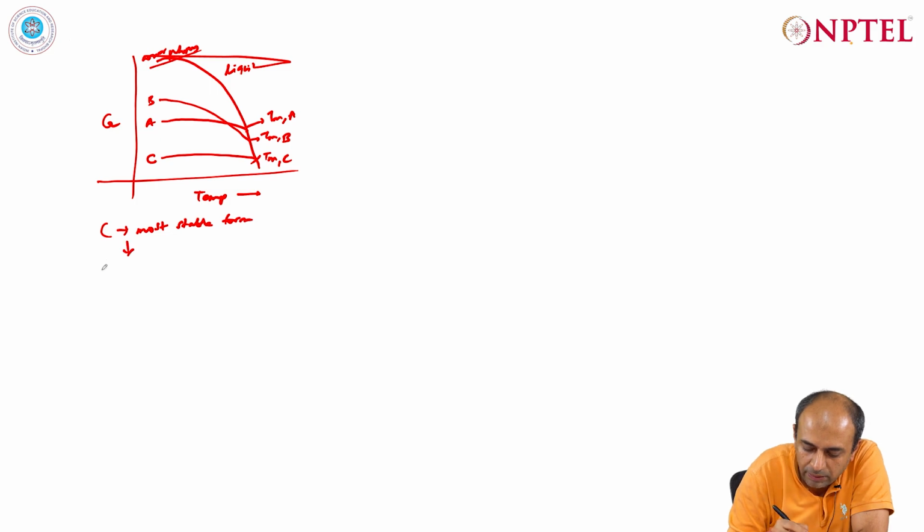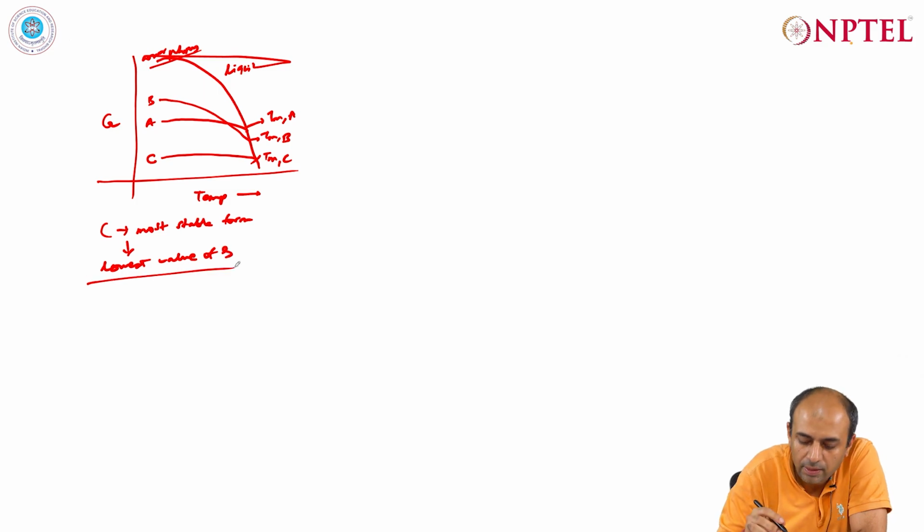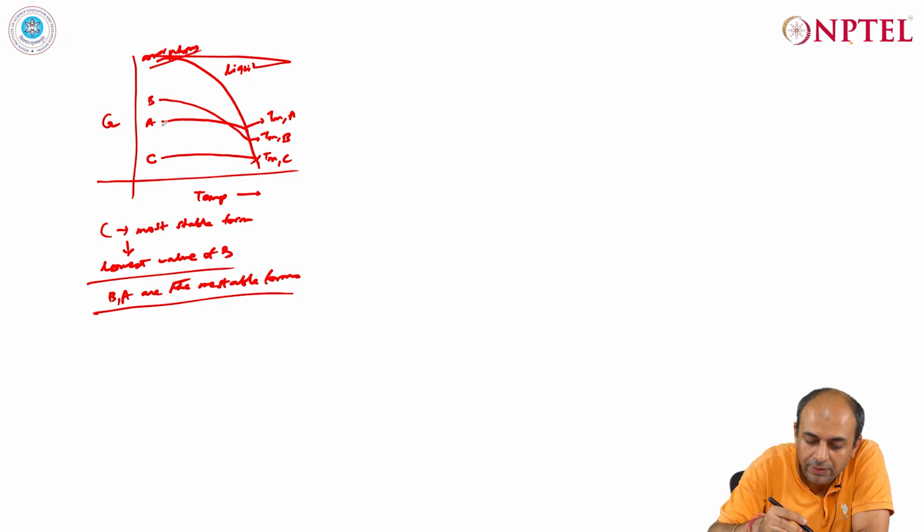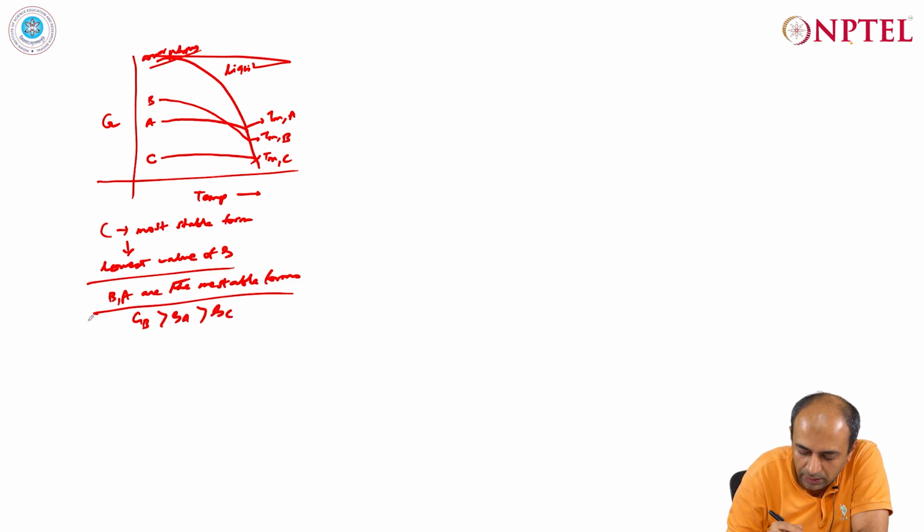It is characterized by the lowest value of G, and B and A are the metastable forms, and the Gibbs free energy value of B is greater than that of A, is greater than that of C, and that of the amorphous phase is going to be the highest.